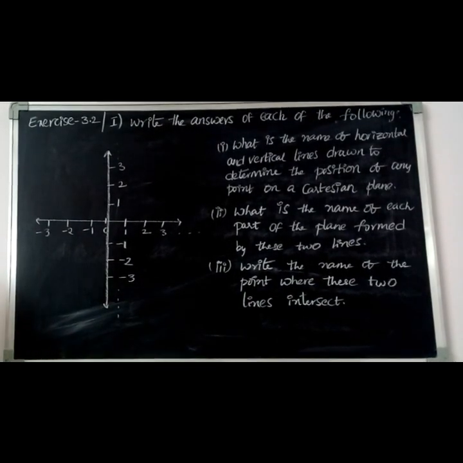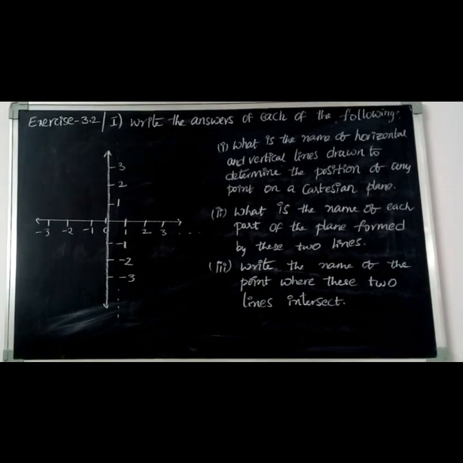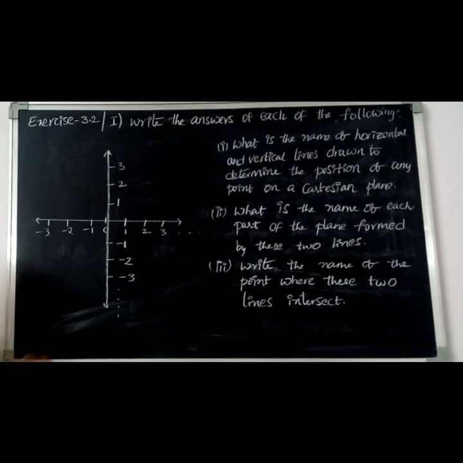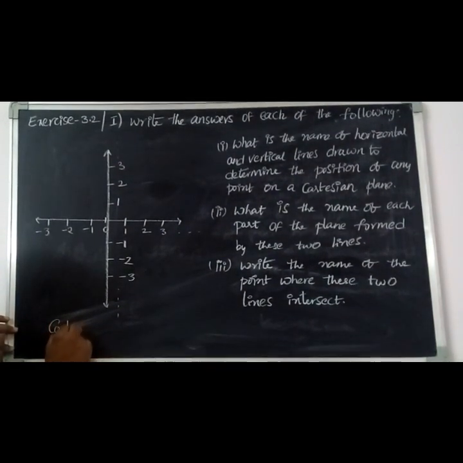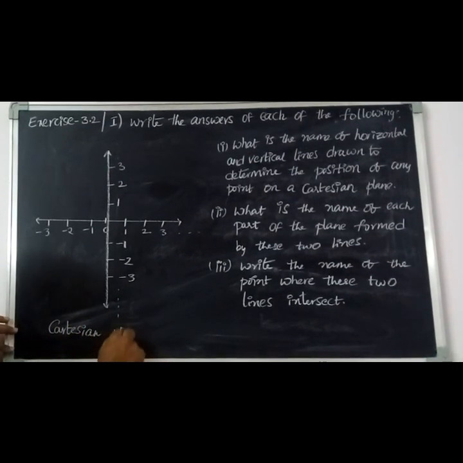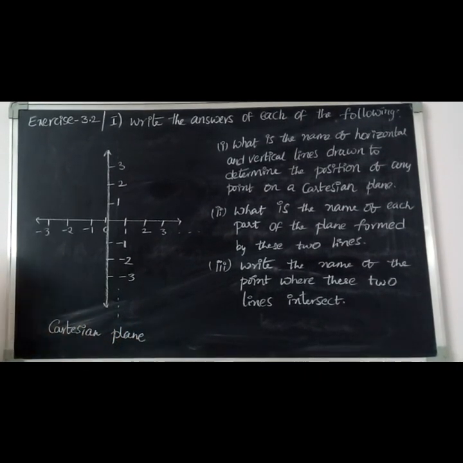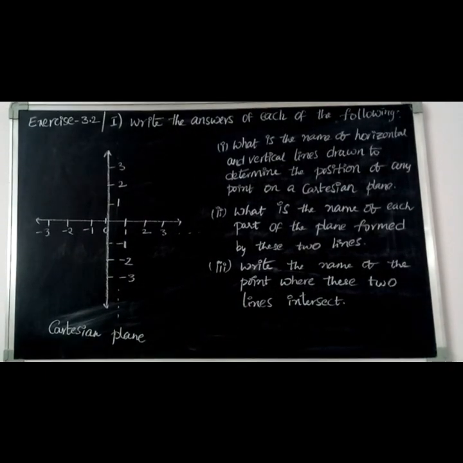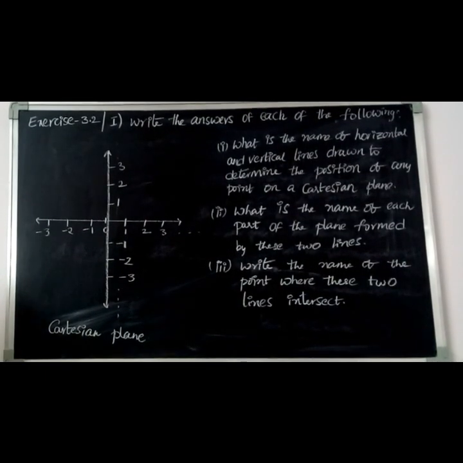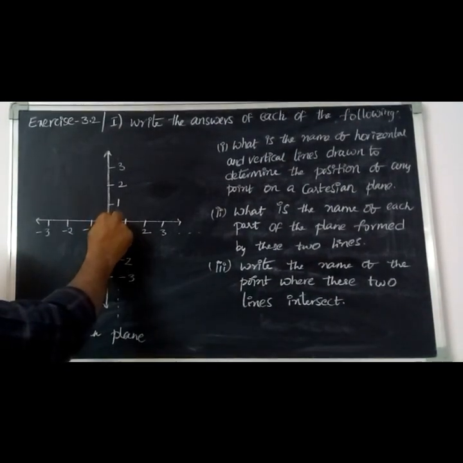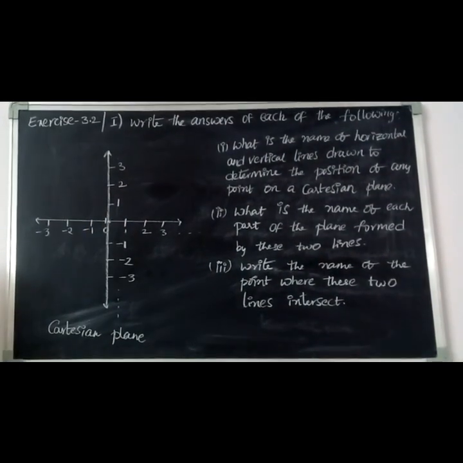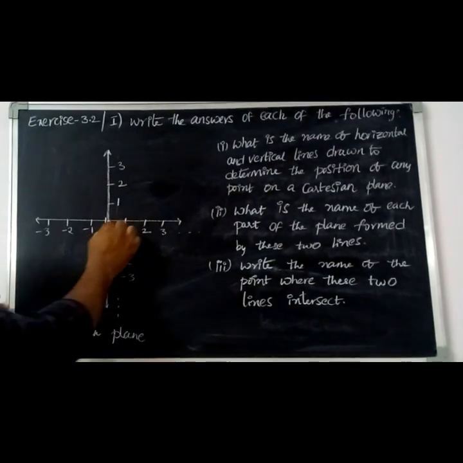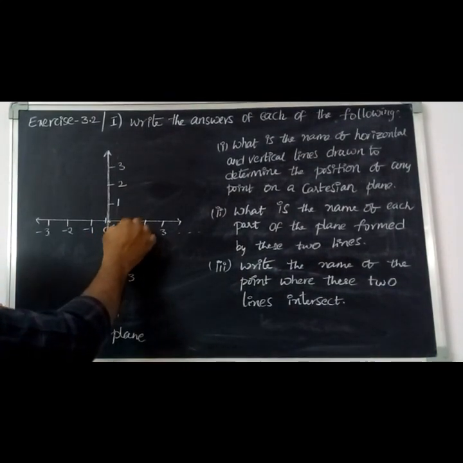The intersection of these two number lines forms a plane called the Cartesian plane. These two number lines intersect each other at a point 0 called the origin.